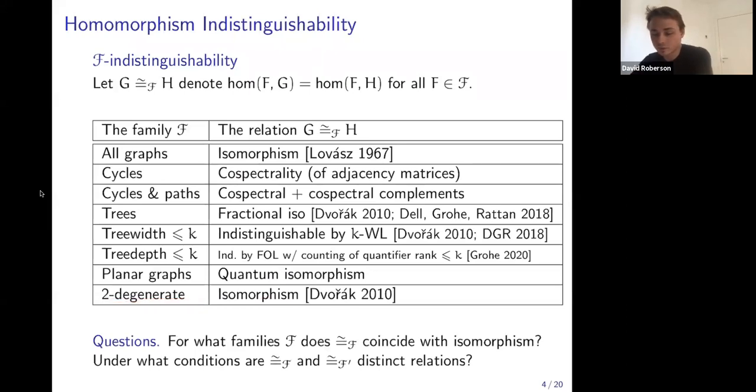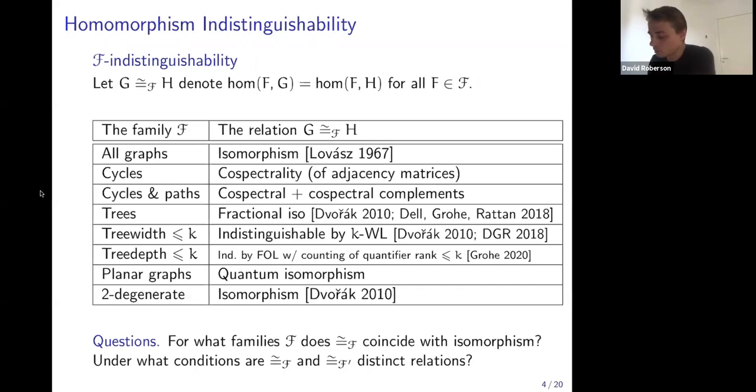But another question that has been asked is, for instance, what if we consider graphs of some bounded degree, say graphs of maximum degree at most 3 or maximum degree at most k for some k. The other thing is, sort of under what conditions on the classes F and F prime should these give, say, distinct relations? Like, are there some types of classes of graphs that always give rise to distinct relations?